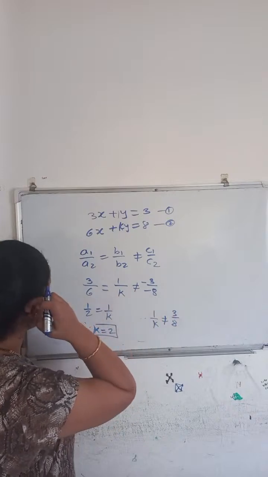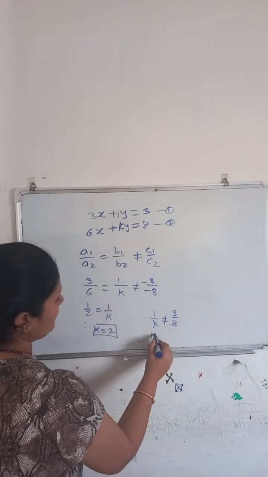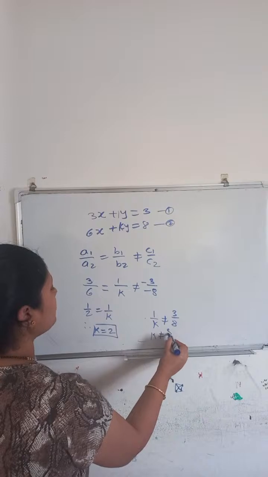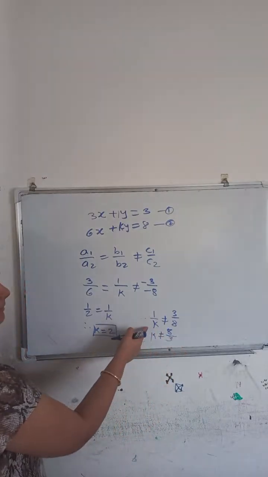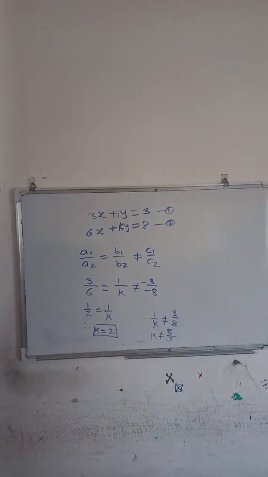Minus minus get cancelled, and we can say that k is not equal to 8 by 3. As I took 1 by k is 3 by 8, if you take the reciprocal, 8 by 3 will come. Getting this? Copy this. This is also a 1 mark MCQ question.